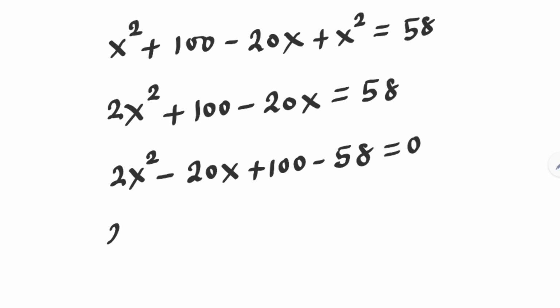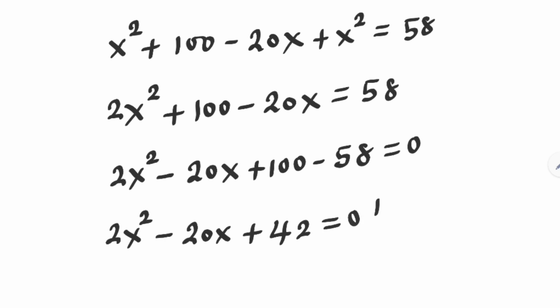Now we have 2x square minus 20x plus 100 minus 58, that is 42, is equal to 0. Now let us divide the whole of this equation by 2.